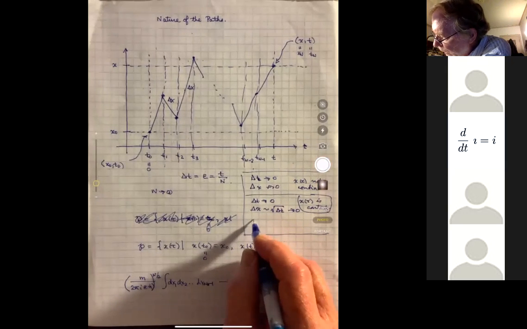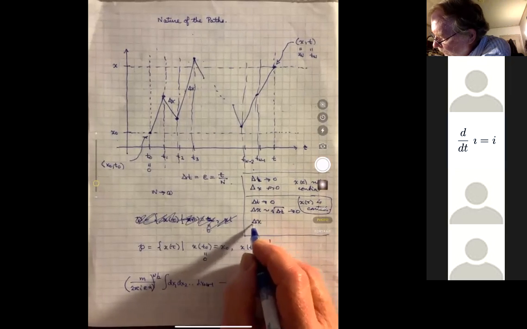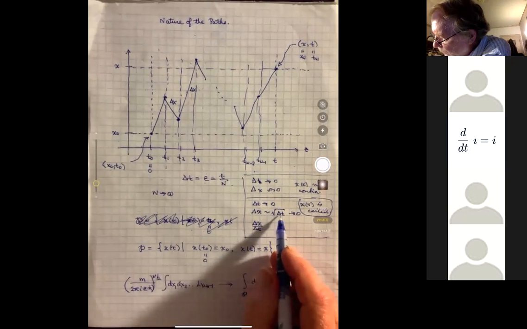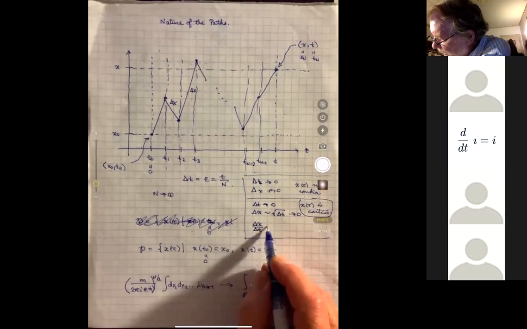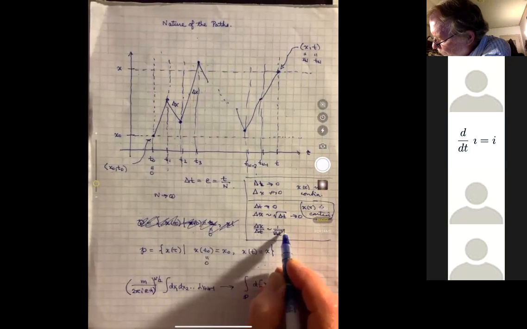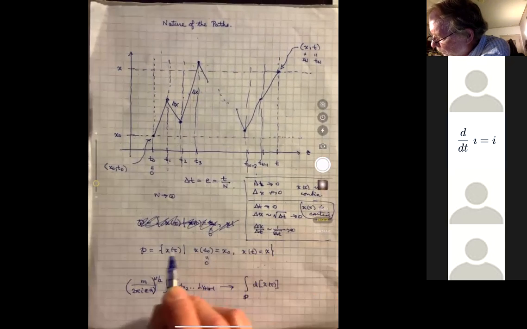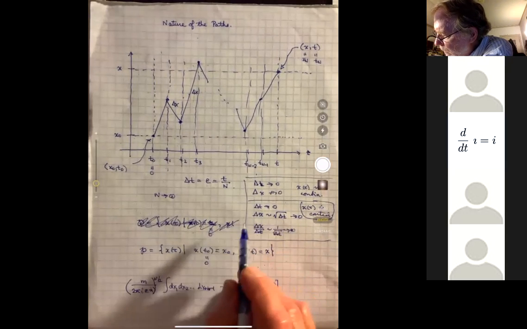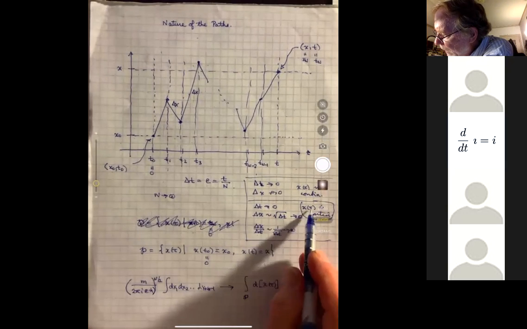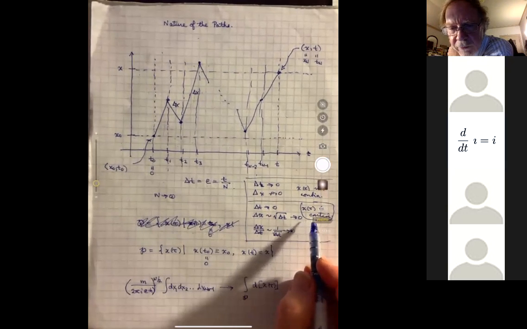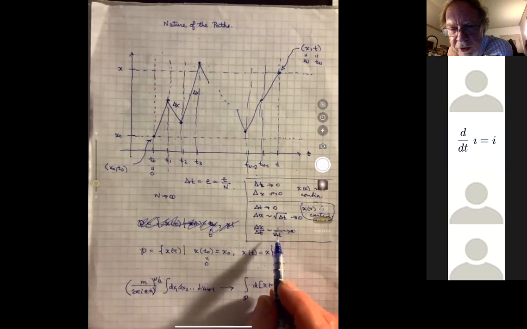But on the other hand, if we look at the velocity, delta x over delta t, the numerator goes like the square root of delta t, and the denominator is delta t. So that goes like 1 over the square root of delta t, and therefore goes to infinity as delta t goes to 0. So with this understanding of the range of delta x, the paths that enter into this path space are continuous everywhere, but differentiable nowhere. Essentially, they have infinite velocity everywhere.